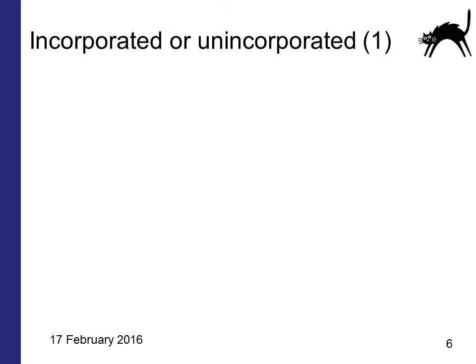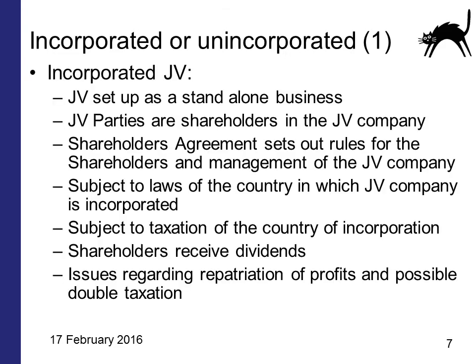The first step is to consider whether our joint venture is to be an incorporated company or an unincorporated joint venture managed via a joint operating agreement. An incorporated joint venture is where the parties to the joint venture form a new jointly owned company incorporated under the laws of the country of its registration.